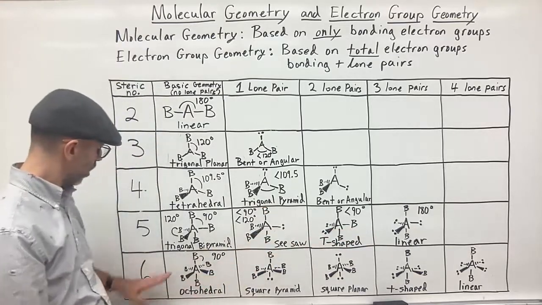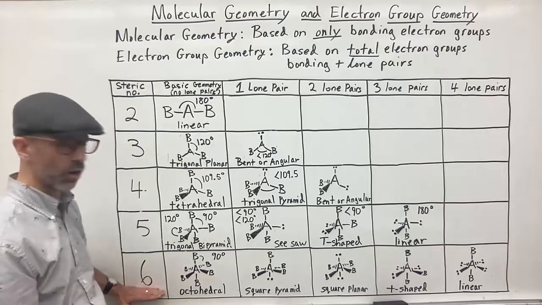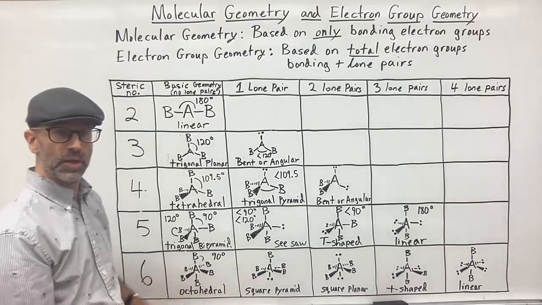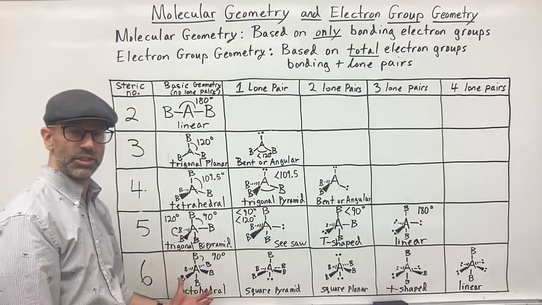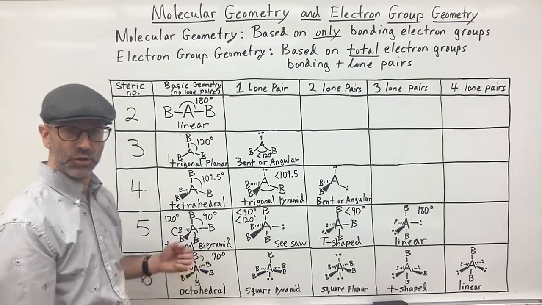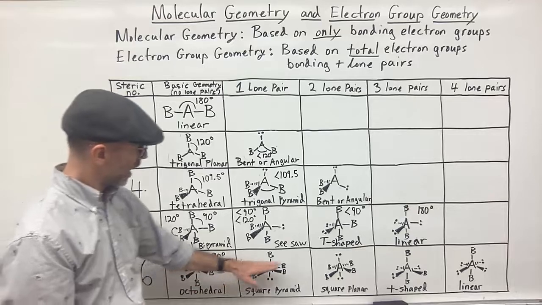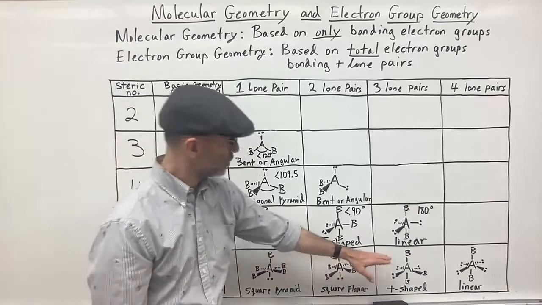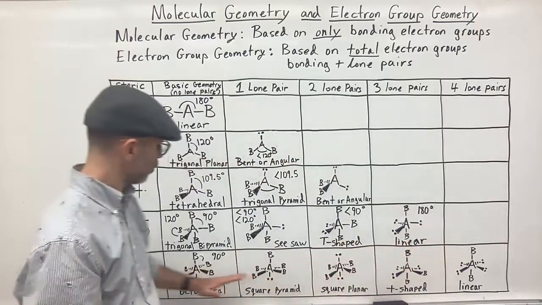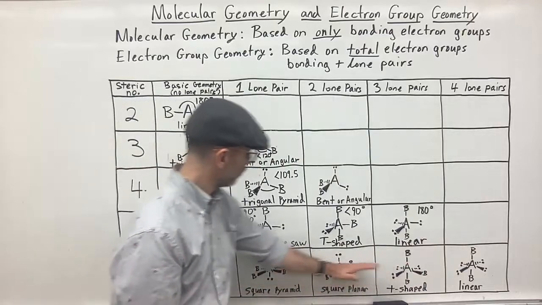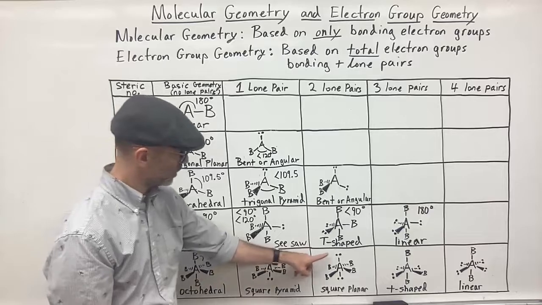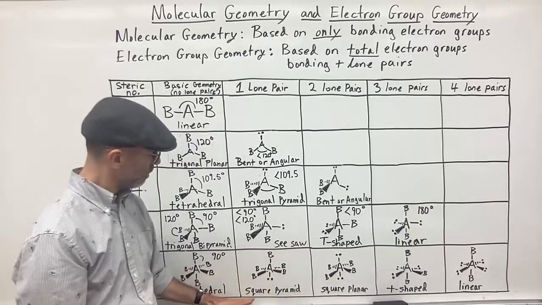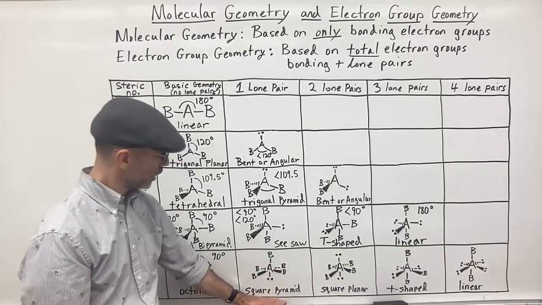And so you can also follow the same reasoning for the 6 groups here. The octahedral electron geometry is based on all 6 groups. All of these have 6 electron groups around them, so their electron geometry is the same, octahedral. But when you start throwing lone pairs in there, the molecular geometry changes.